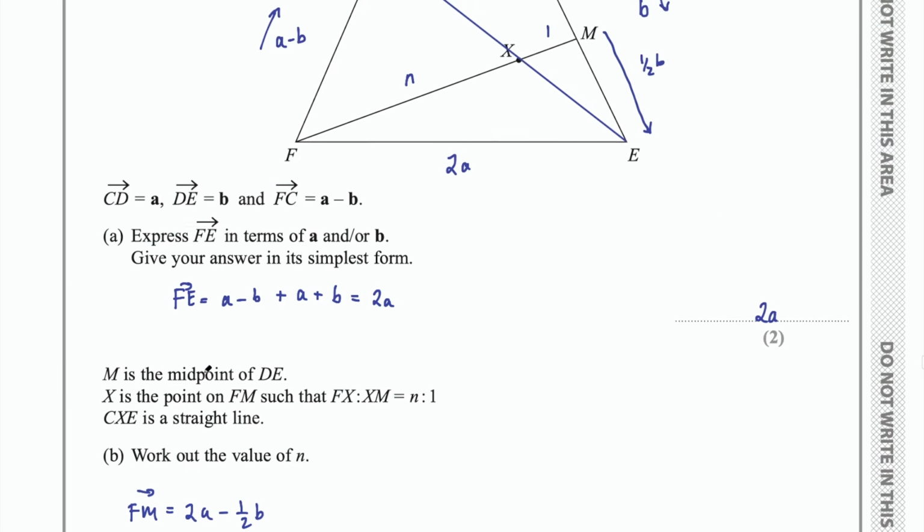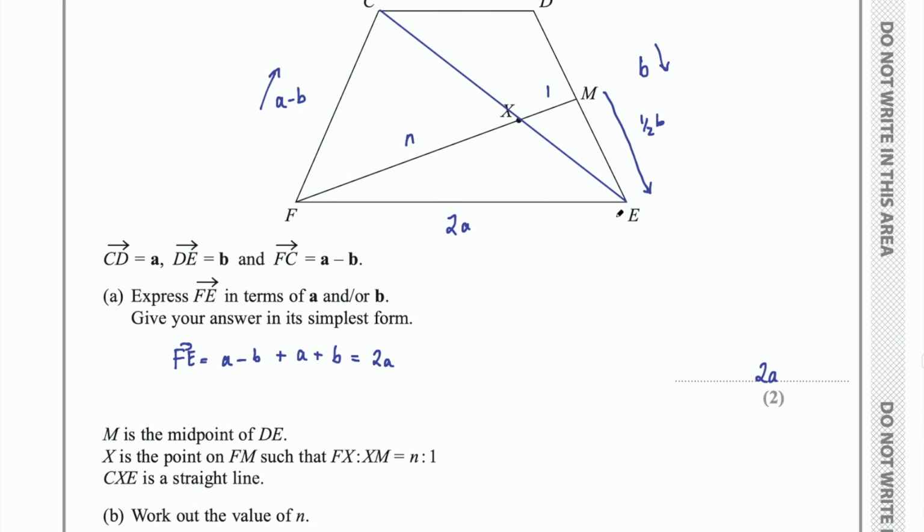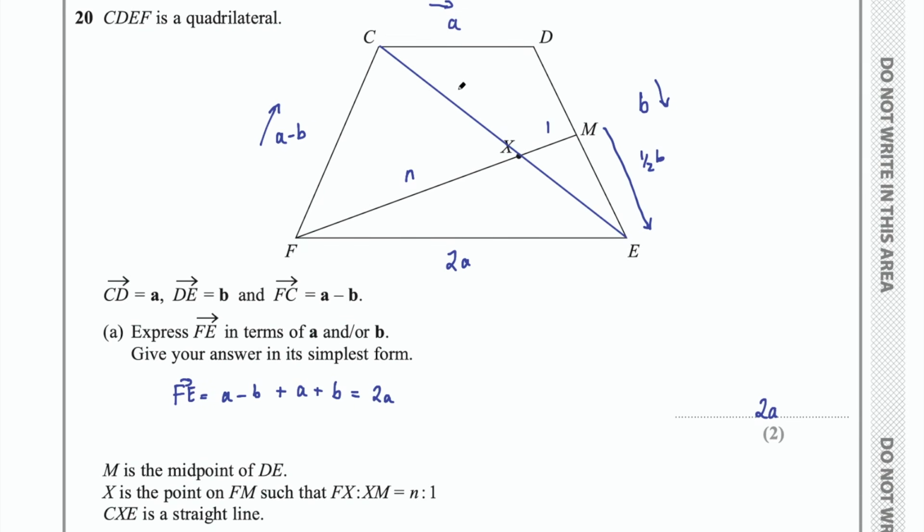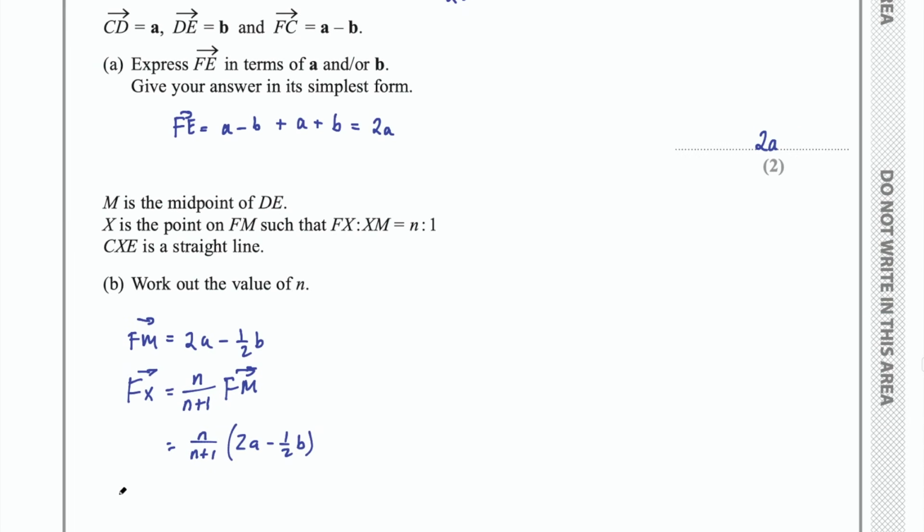Now we're going to use the fact that CXE is a straight line, and also we can find CE in terms of a and b. So CE is a plus b, so let's write that down first. So the vector CE is a plus b. Now notice something about this vector. The coefficients of a and b are the same. They're both 1.